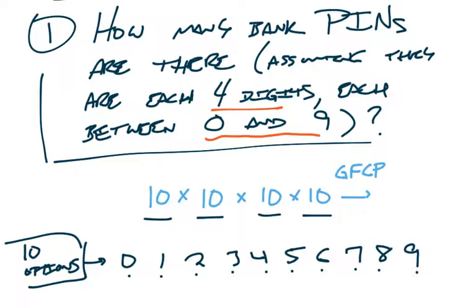So the generalized fundamental counting principle tells me that I multiply them all together. That's going to be 10 times 10 times 10 times 10. That's 10 to the power of 4, which is a 1 followed by 4 zeros. So that is 10,000 different PINs.